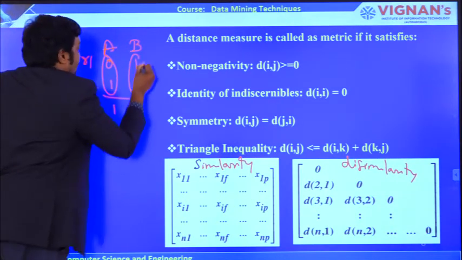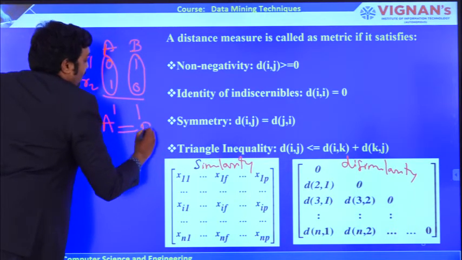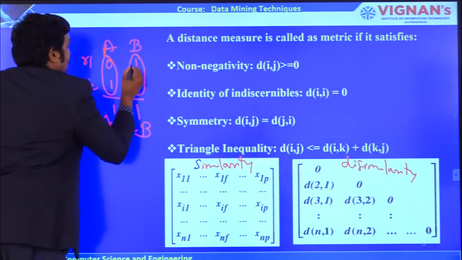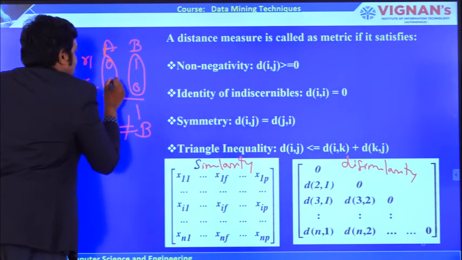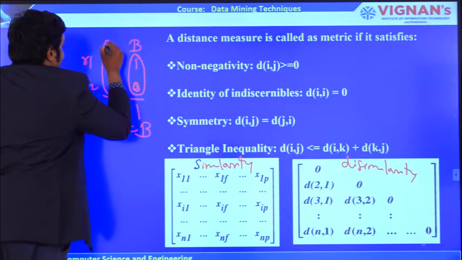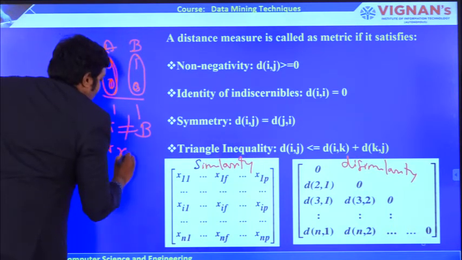Whenever it is dissimilar, it means A and B are not equal. Suppose A is 0 and B is 1 in the first record, and the second record is 0 and 0. In this case, the first attribute A of record 1 equals record 2, so similar.